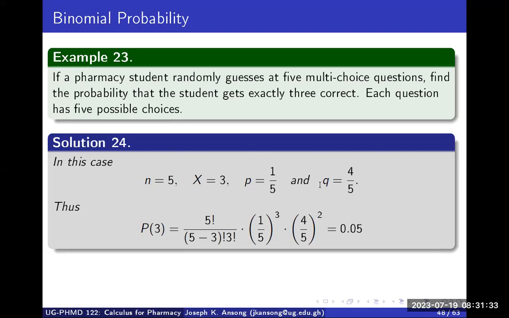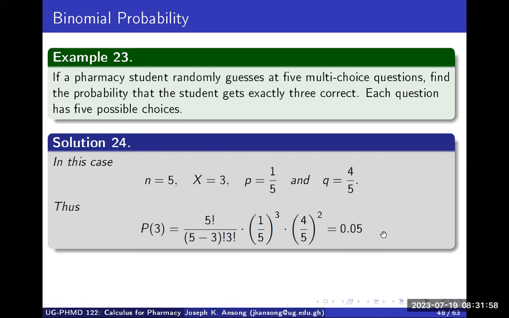The failure is 4 out of 5. So we have all the ingredients, and we plug them into the probability formula. Probability of X equals 3 will be 5 factorial over all of these. Compute that and get 0.05. So the probability of getting 3 out of 5 is about 5%.